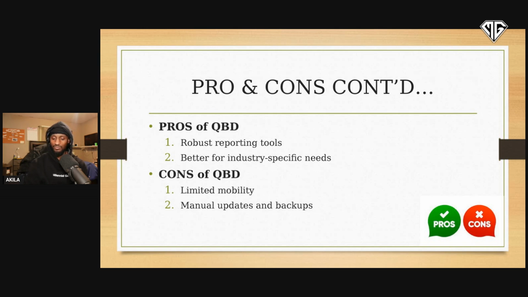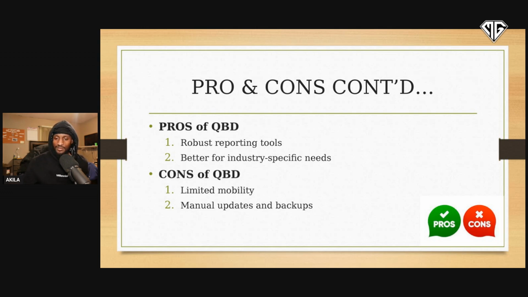Your data will be stored locally, so you don't have to really worry about losing access to any of your stuff if something goes wrong, if your internet goes down. You'll always have access to your information. And it pretty much reduces the risk of anybody ever trying to steal your data. So that's kind of like the pros of using QuickBooks Desktop.